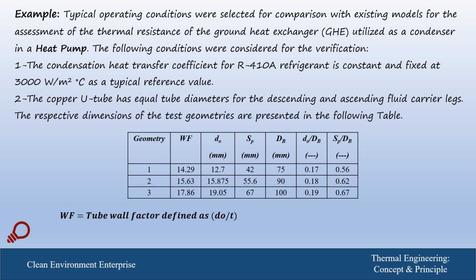Then we have WF equal to the tube wall factor, defined as D_0 divided by T, where T is the tube wall thickness. The objective is to predict the depth of this heat exchanger.